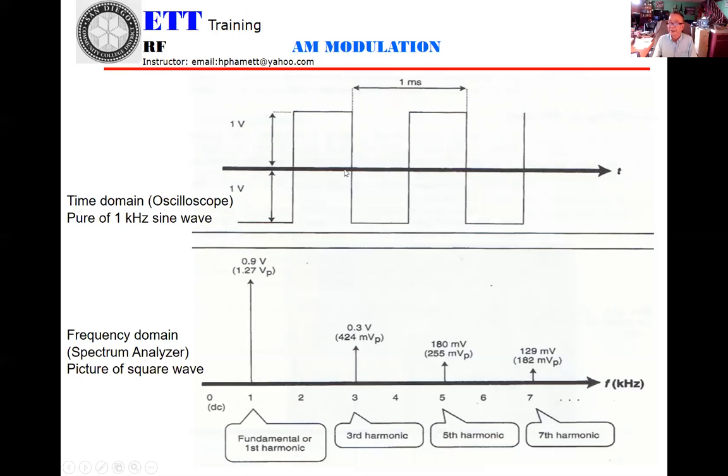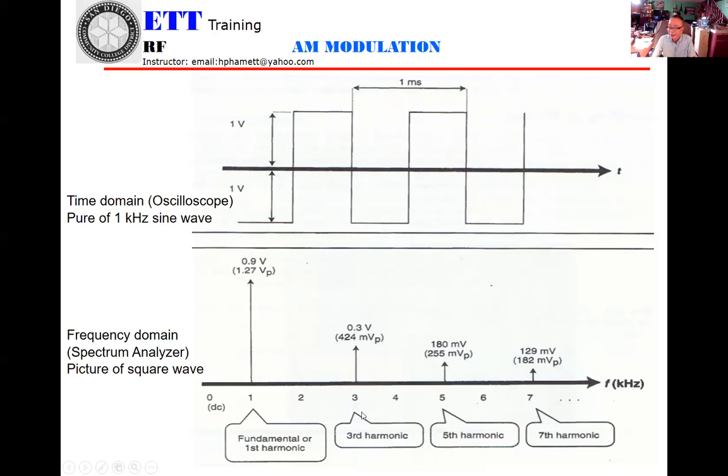You understand that from the 1K, you can get many different harmonic sine waves. However, if you display it on the oscilloscope, in the time domain, it displays only the 1 kilohertz square wave. In order to get the different harmonics of the square wave, the equipment you have to use is the spectrum analyzer.